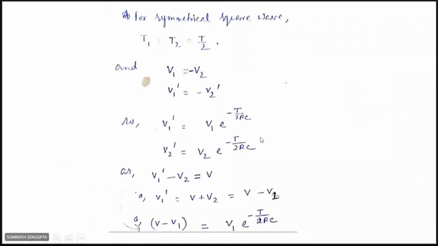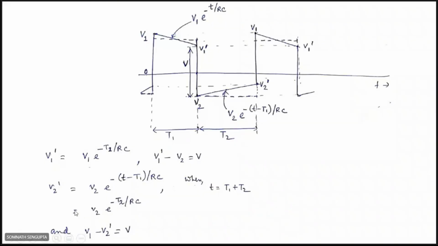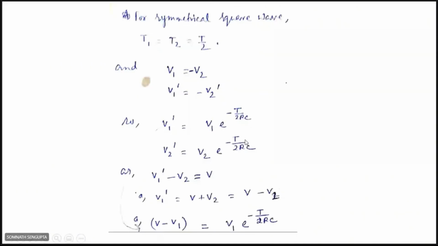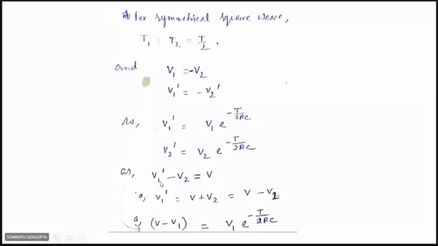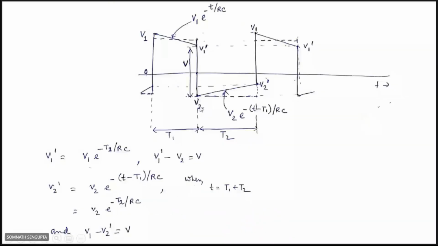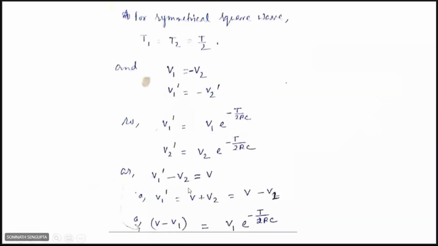Then V2 dash is V2 into e to the power minus T2 by RC, and T2 is equal to T by 2, so it is minus T by 2RC. Now, since V1 dash minus V2 is equal to V, we can write V1 dash is equal to V plus V2.